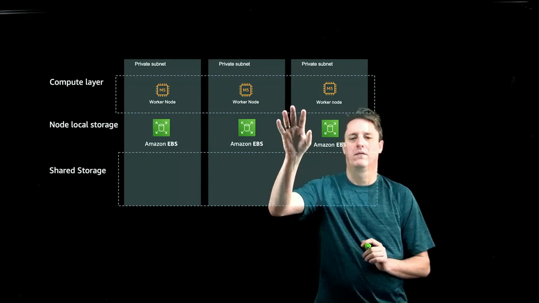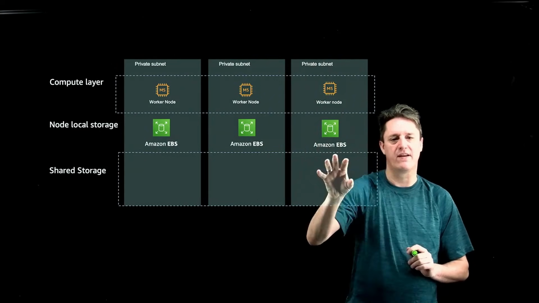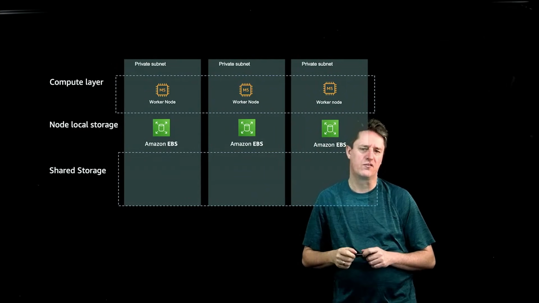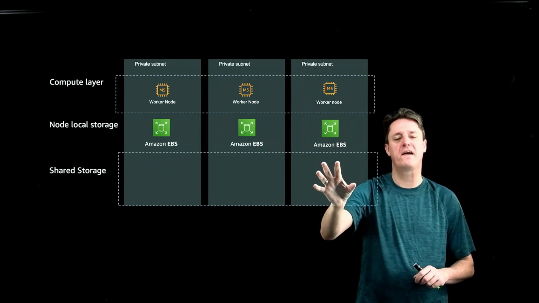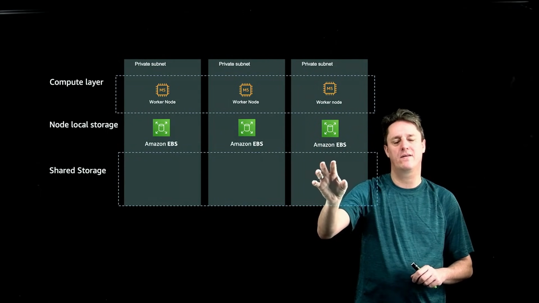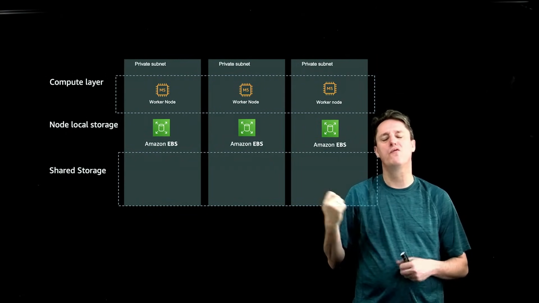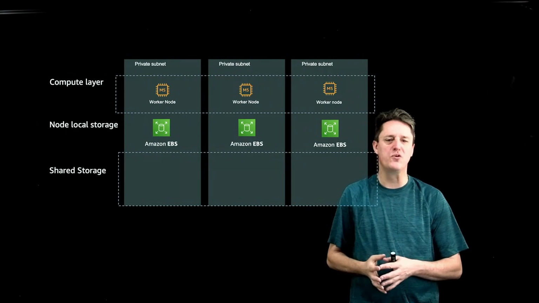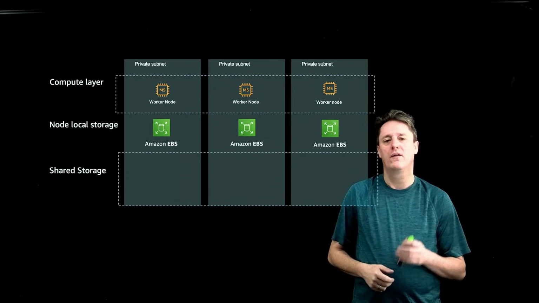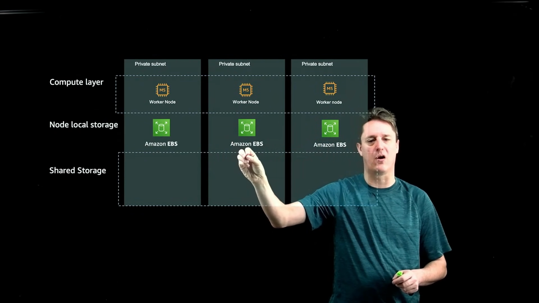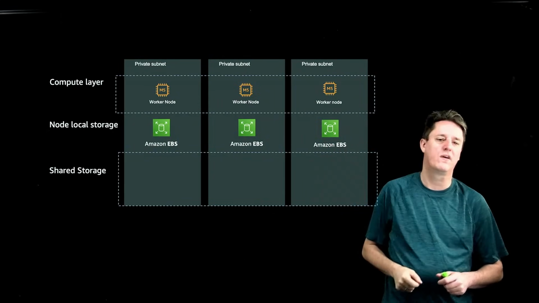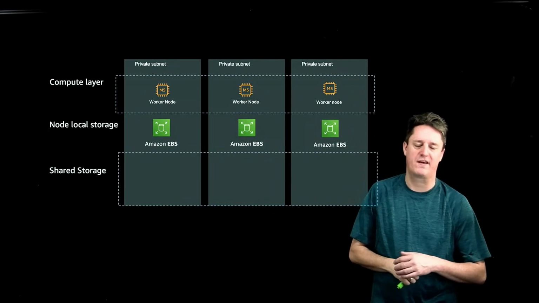However, my storage is isolated within an AWS availability zone, which means that if a workload is running in this availability zone and OpenShift makes a decision to move that workload to another worker node, there is the possibility that an app workload could move to a different availability zone and lose interaction with the storage that was directly attached to it.